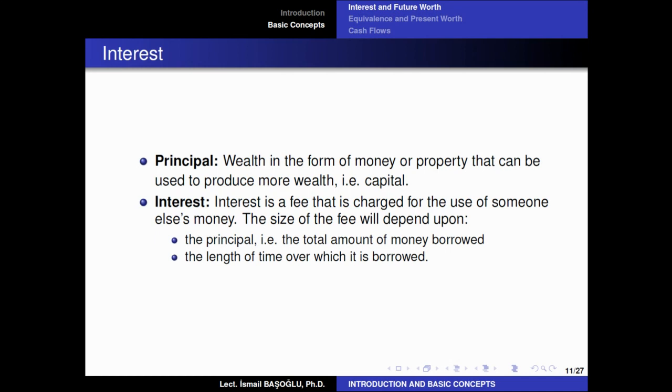So it is the wealth in the form of money or property which can be used to produce more wealth. If you have a house and you rent it to somebody, that is just going to be your principal. So another word for the principal is capital.